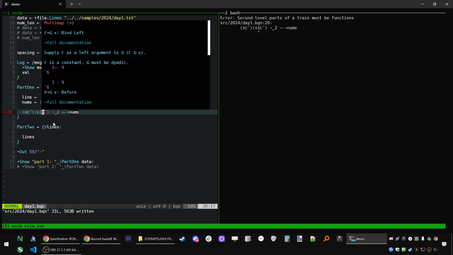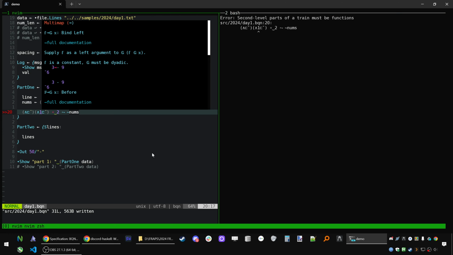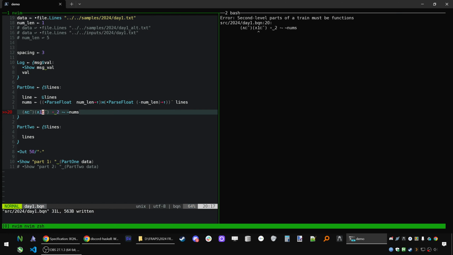Because if I don't, it'll complain that this is not a function or something. Basically, whenever you see this, it's likely that you're missing one of these symbols. Anyway, this is going to complain now because this needs a missing function in the middle, and you'll see where this goes. It's the enlist thing. Excellent.